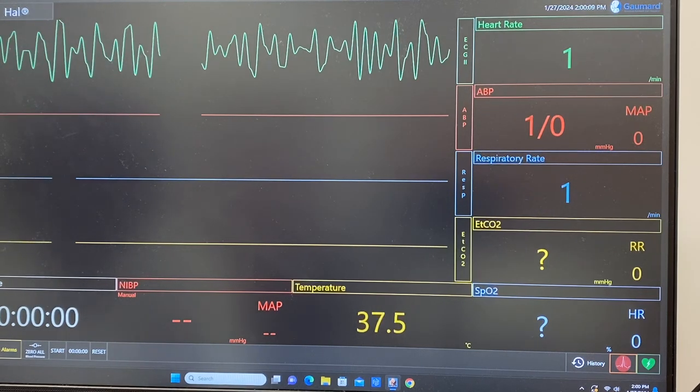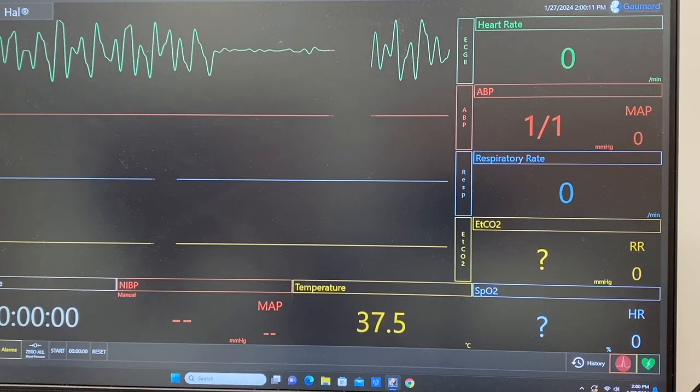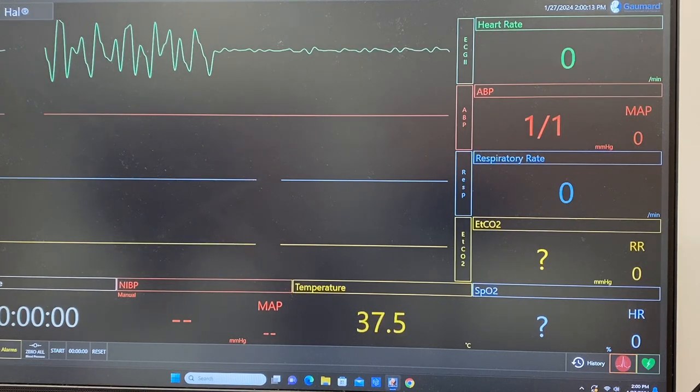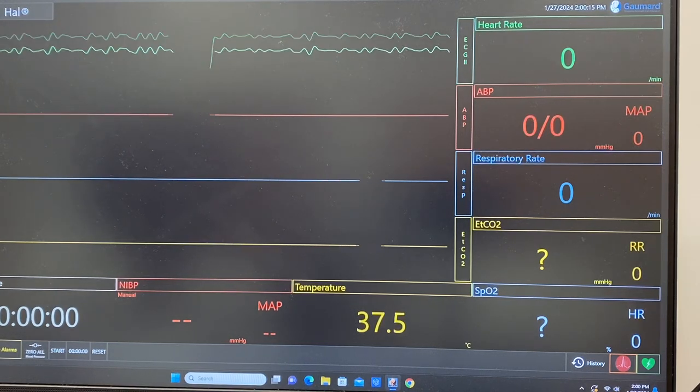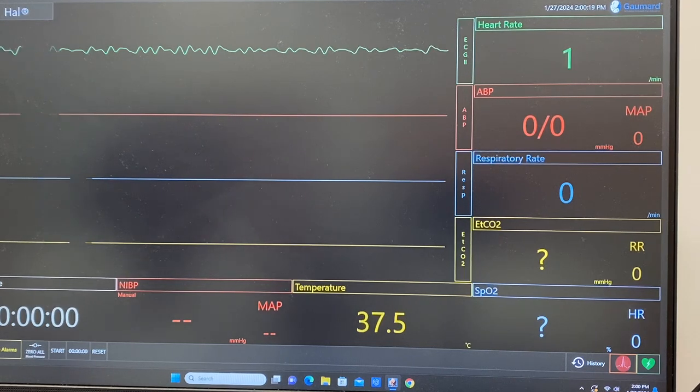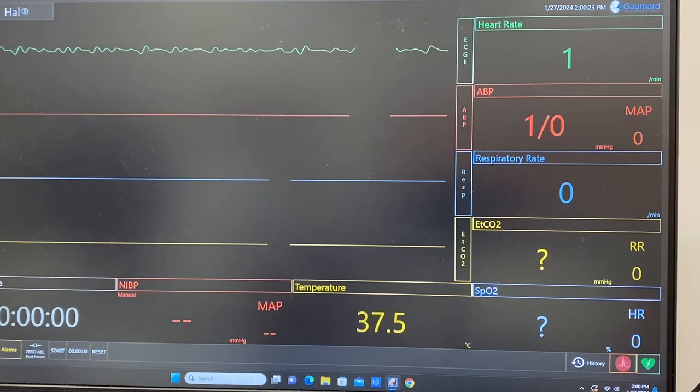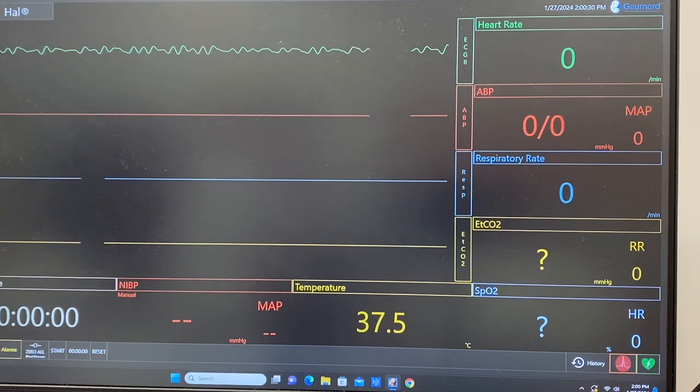What about this one? That looks like VFib. Say again. Ventricular flutter. Let's go through the steps.